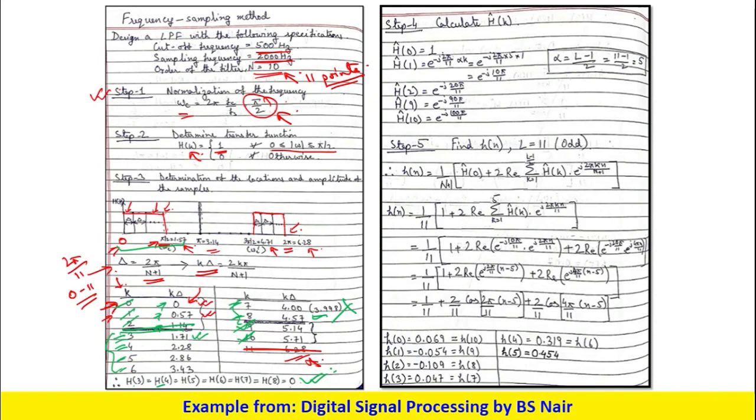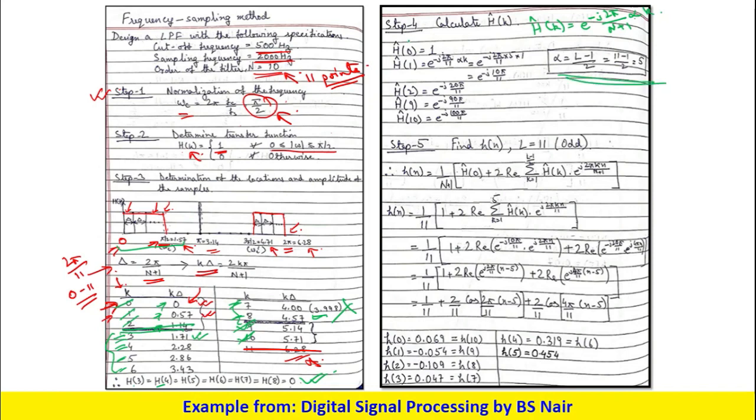Okay. The next step is to calculate h cap k. It is given by e to the power minus j 2 pi by n plus 1 alpha k. Okay, alpha is 5.